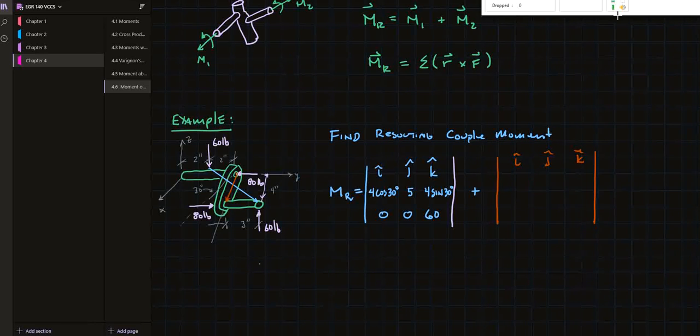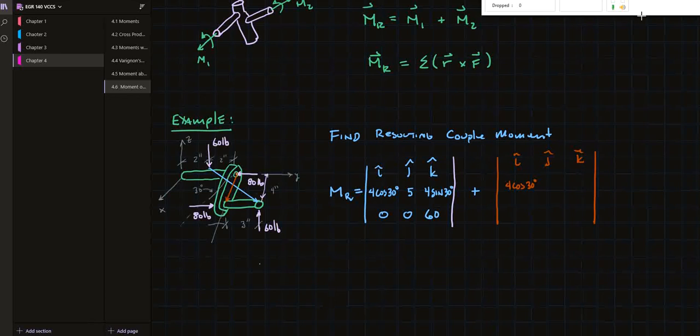For the x component of the position vector, we're going to have 4 cosine 30 degrees.